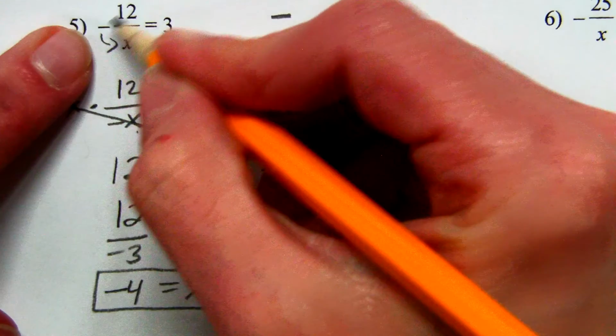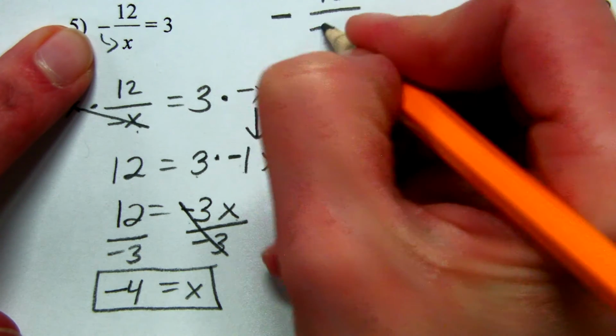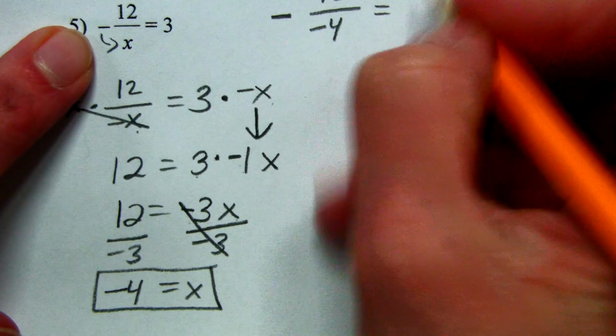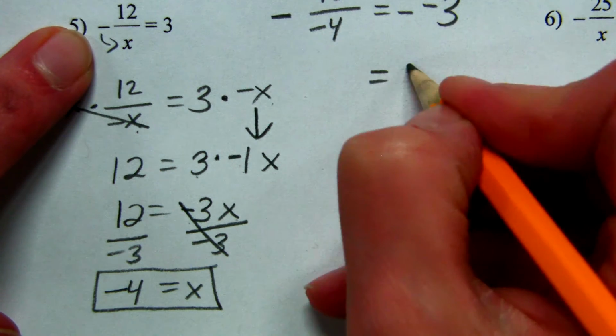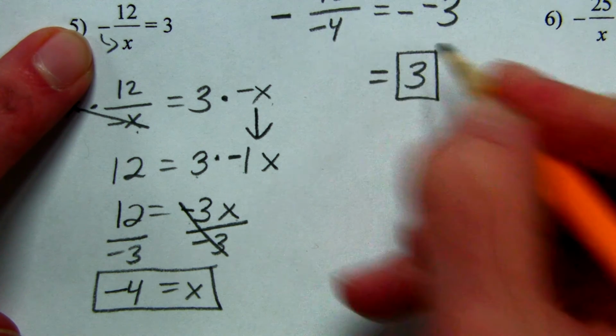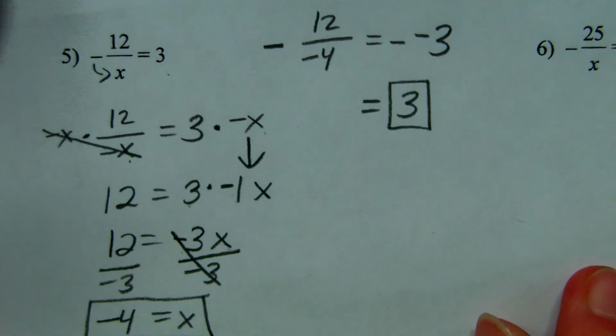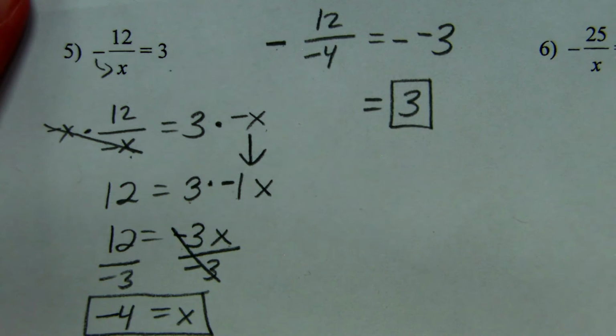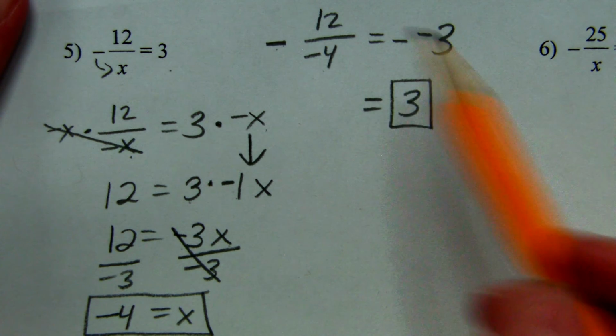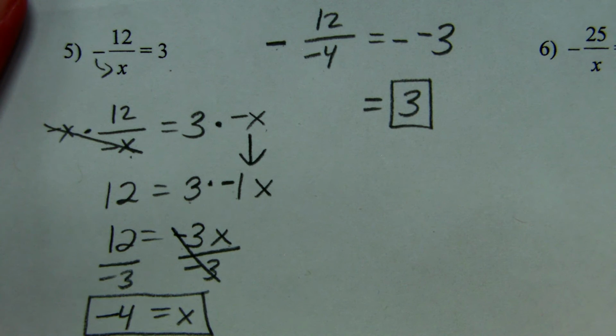If you go back to the original, I have 12 over negative 4, but that would just make it negative 3, and the negative cancels out and becomes positive 3. You could also check this on a calculator and put it in with the fraction bar, and I think that works. Or just use the division key, and you could check it that way as well.